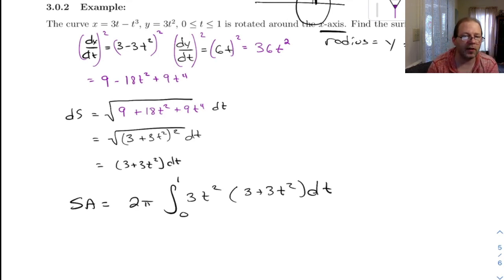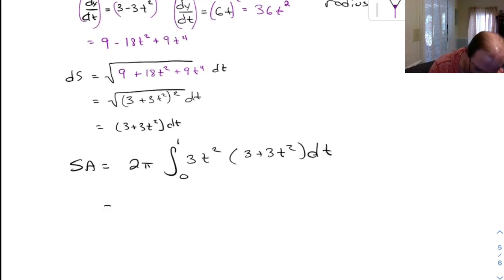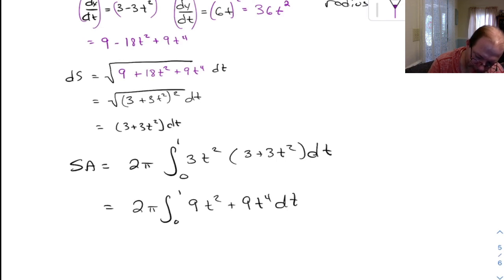Okay, so this is actually an easy integral to do. We'll distribute that 3t squared across there. So we'll get 9t squared plus 9t to the 4th. And now we can just integrate. This becomes t cubed, the 3 on front. This becomes t to the 5th, with the 9/5 on front.